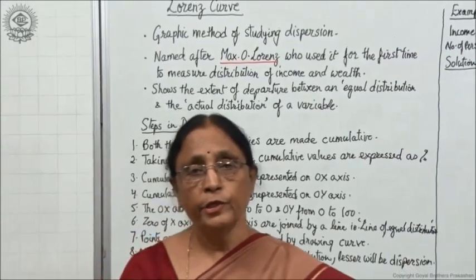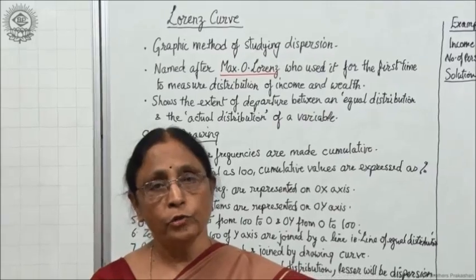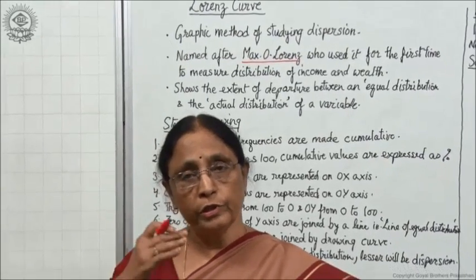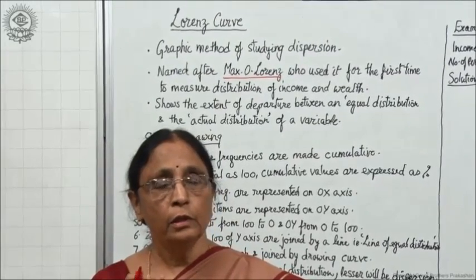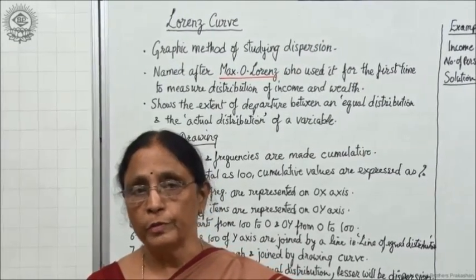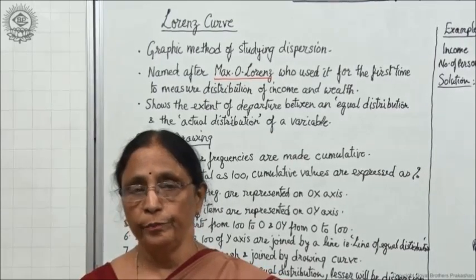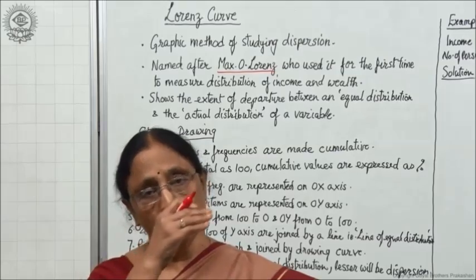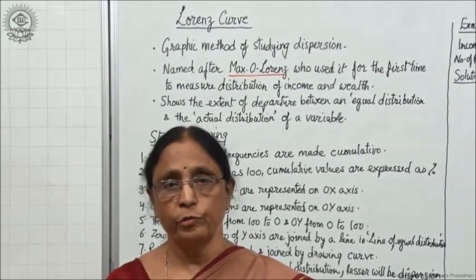That means it shows the departure of the actual distribution from the equal distribution. Equal distribution means, suppose there are two factories or two firms in which wages of workers are different. If equal wages are there, then what should be the distribution, and what is the actual distribution?